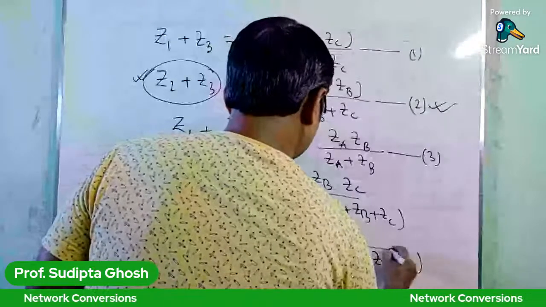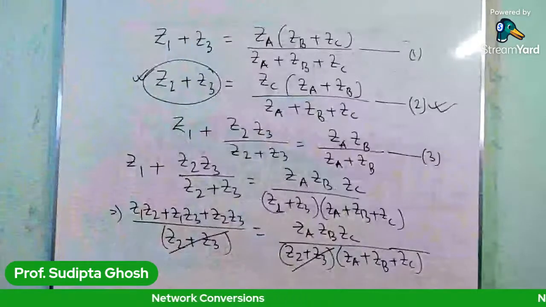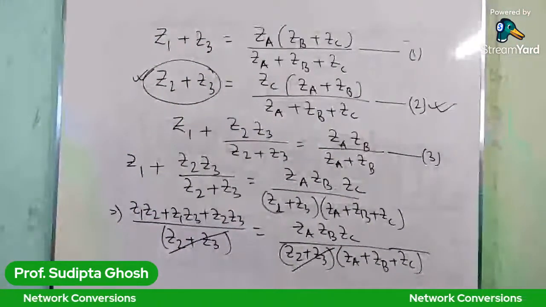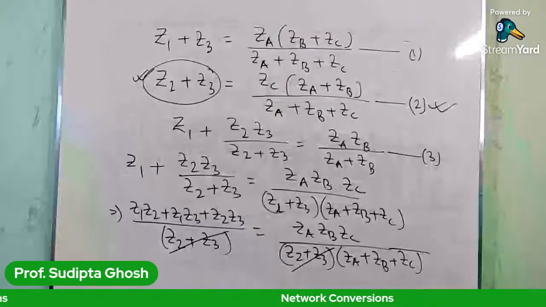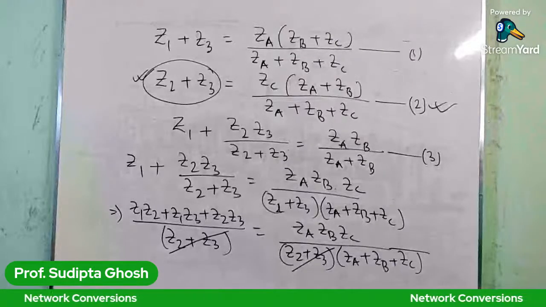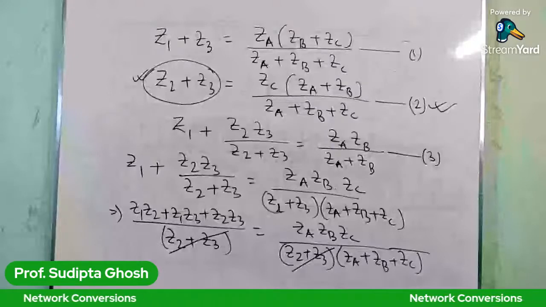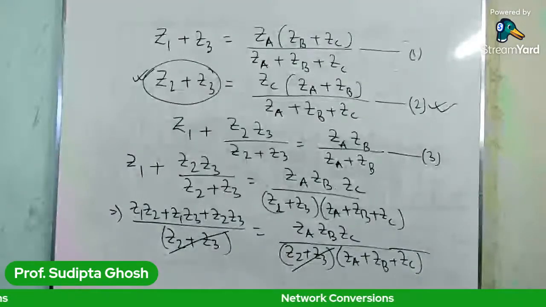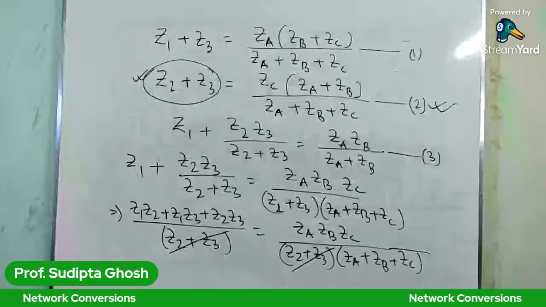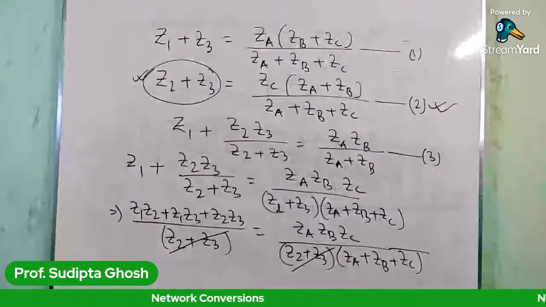Now we can cancel Z2 plus Z3 in the denominator, and we have Z1 Z2 plus Z2 Z3 plus Z3 Z1 equals ZA ZB ZC whole divided by ZA plus ZB plus ZC. Okay, now we also have the other three equations, equation 4, equation 5, and equation 6, which were the equations for the pi to T conversion, and if we apply the value of Z3.